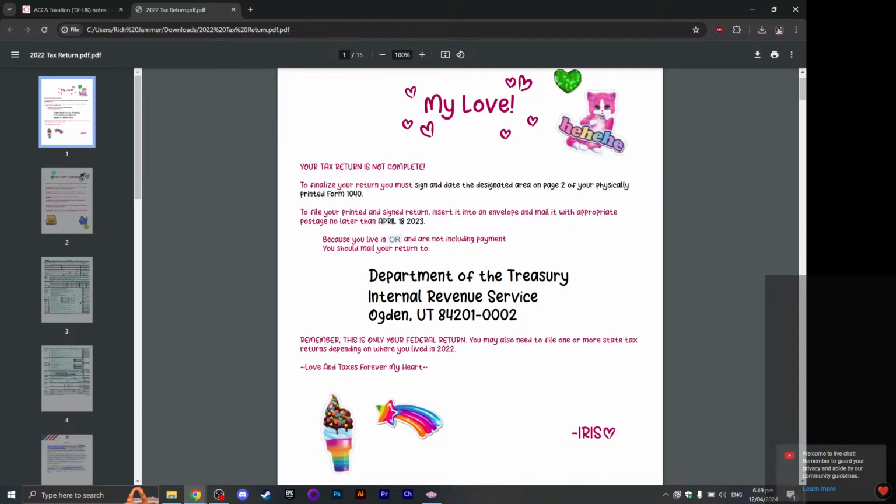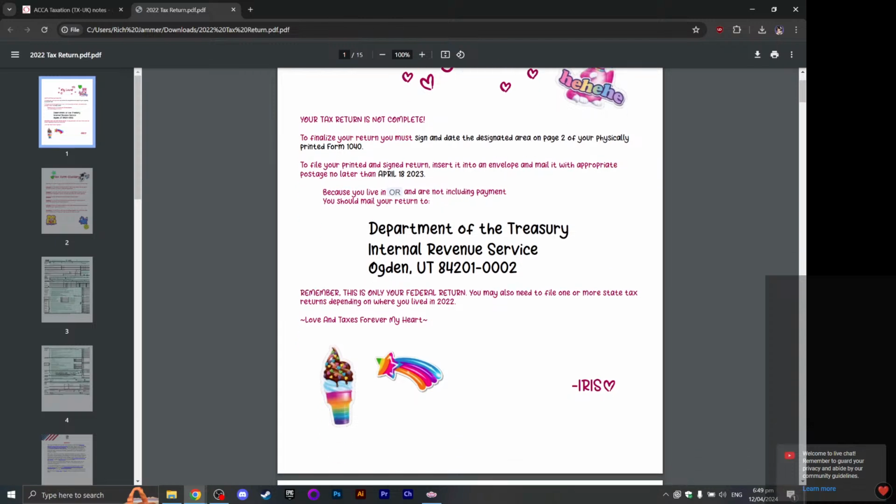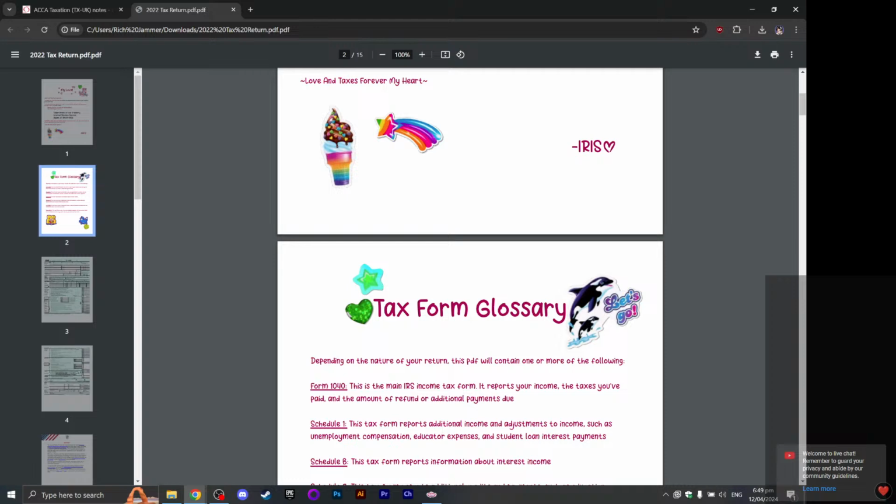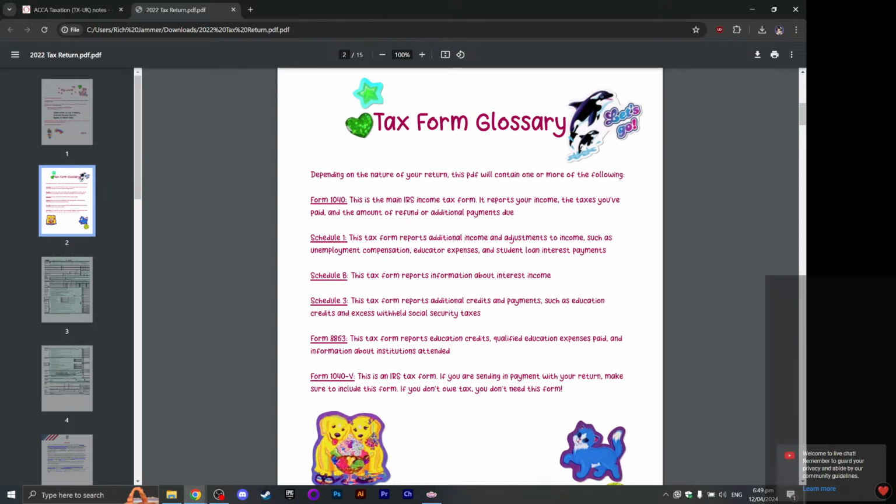Because you live in Oregon and are not including payment, you should mail your return to Department of the Treasury, Internal Revenue Service, Ogden, and so on. Remember, this is only your federal return. You may also need to file one or more state tax returns depending on where you lived in 2022. Love and taxes forever, my heart. Tax form glossary. Define the nature of your return. This PDF will contain one or more of the following.